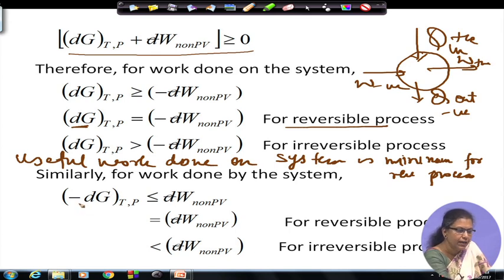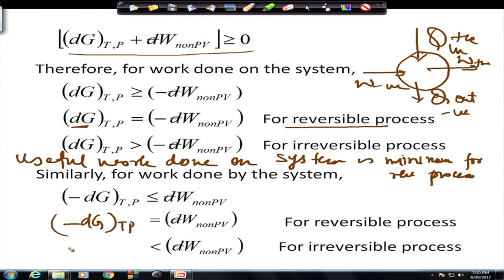Similarly, if a system has to perform work on the surroundings, then that has to be accompanied by a decrease in the Gibbs free energy. We find that the decrease in the Gibbs free energy is equal to the non-PV work for a reversible process, and this is less than the non-PV work for an irreversible process.